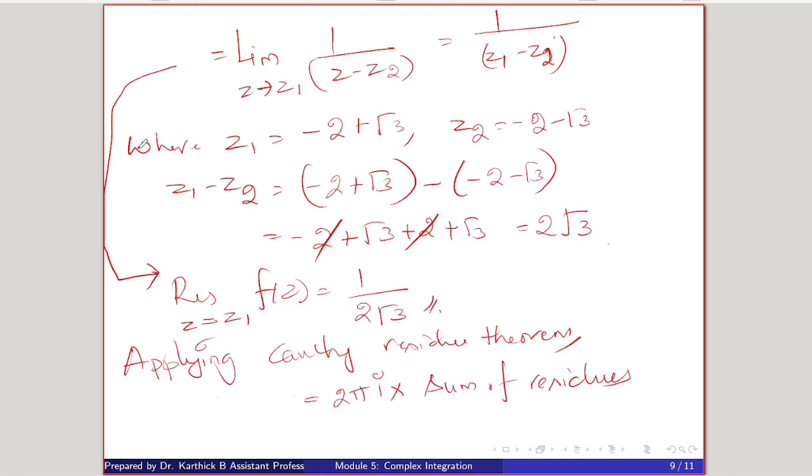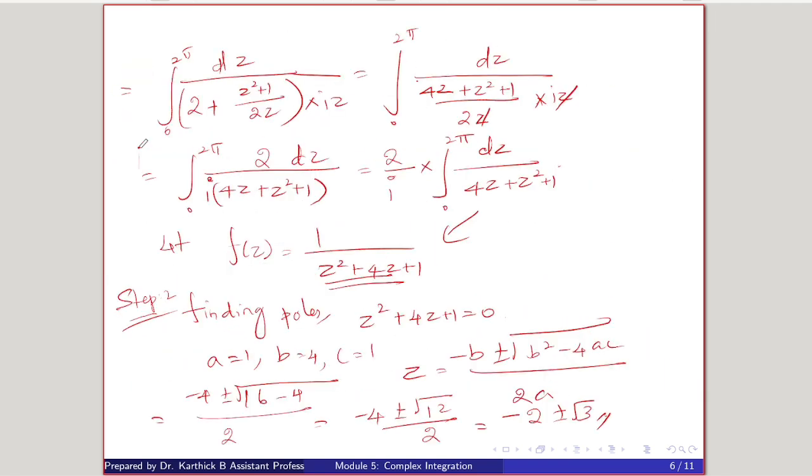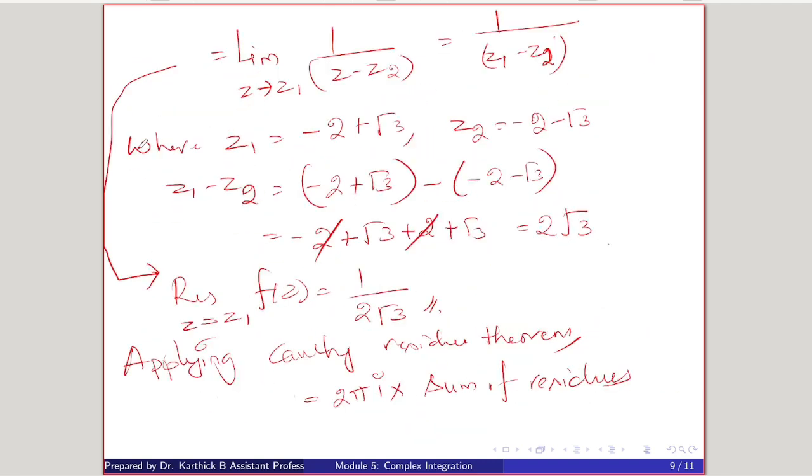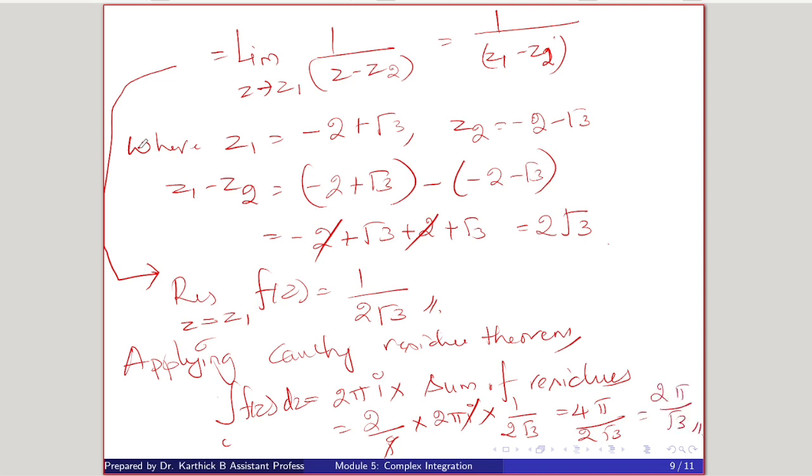So we have only one residue. Of course, before f of z there is a constant 2 by i. So the integral over C of f of z dz will be equal to 2 pi i into 1 by 2 root 3. The i will get cancelled, then 4 pi by 2 root 3, so 2 pi by root 3 will be the final value.